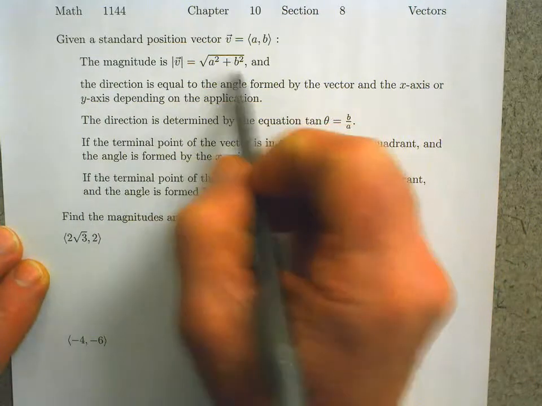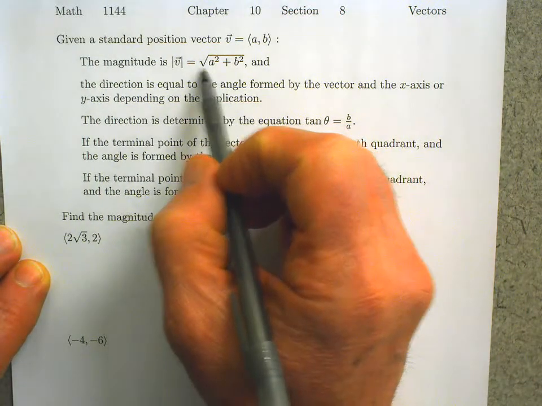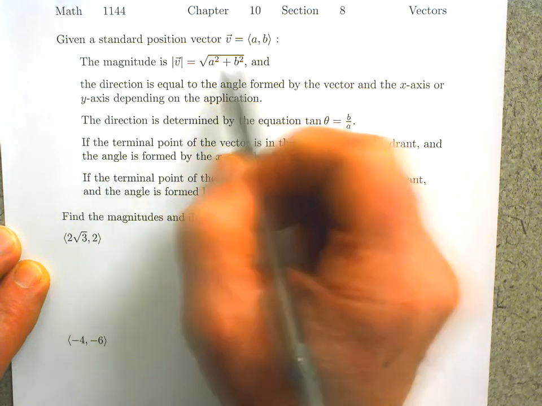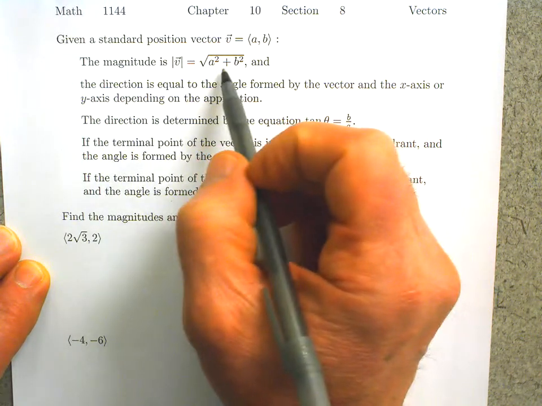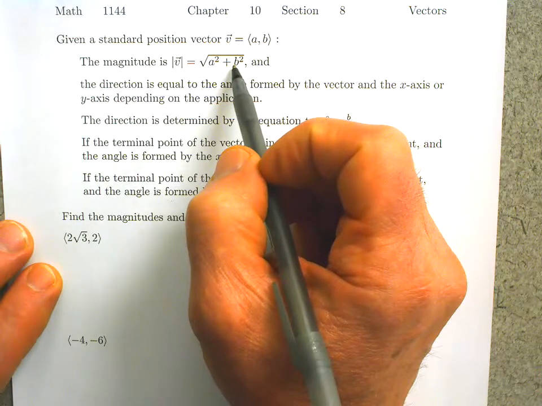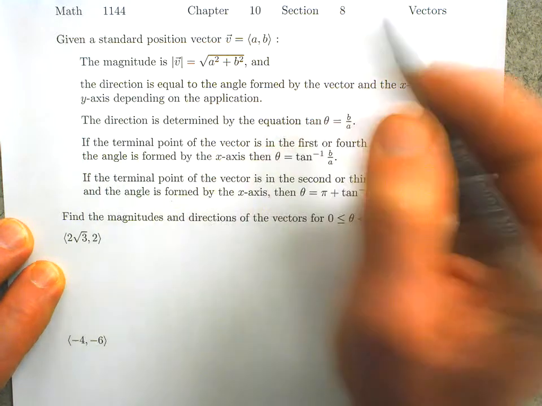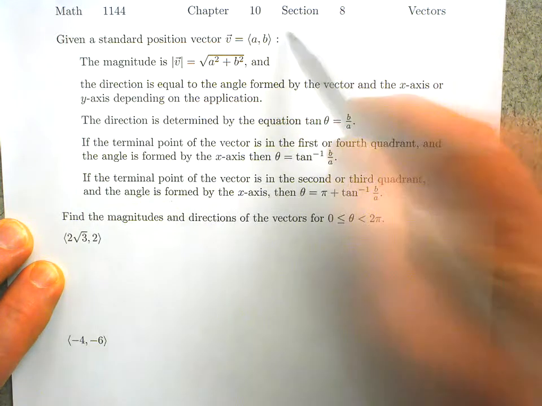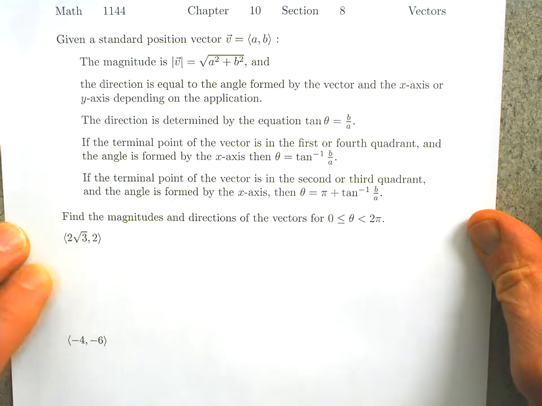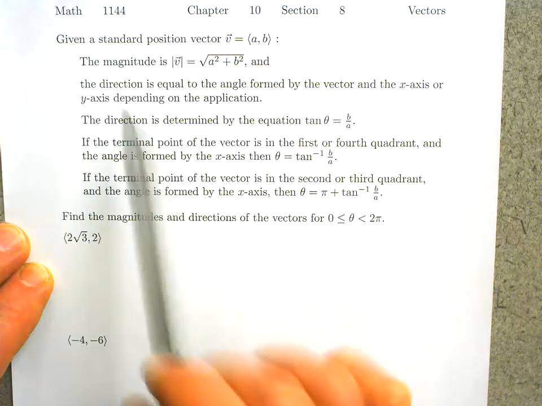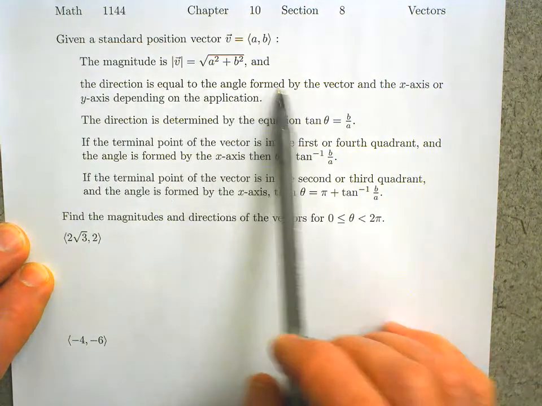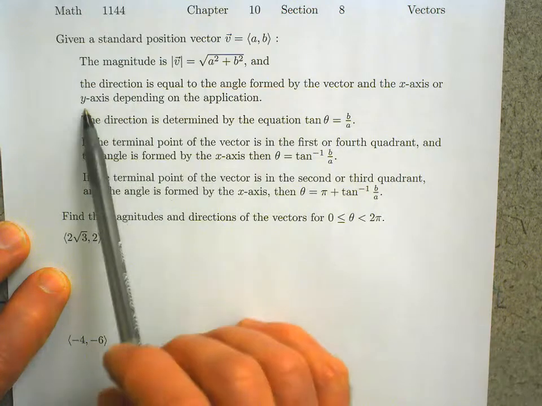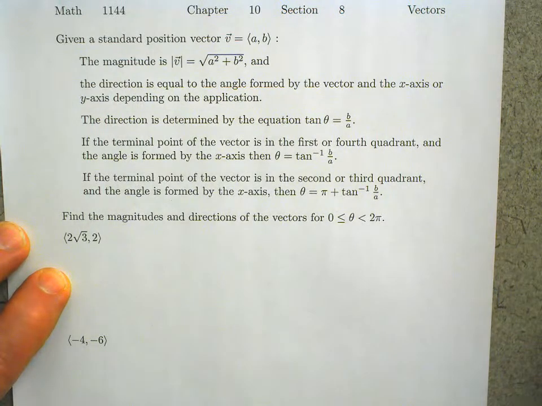Graphically, we could illustrate this using the Pythagorean theorem, or equivalently the distance formula from the point (0, 0) to the point (a, b). That's the length of that vector, also called the magnitude. The direction is equal to the angle formed by the vector and the x-axis or the y-axis, depending on the application.